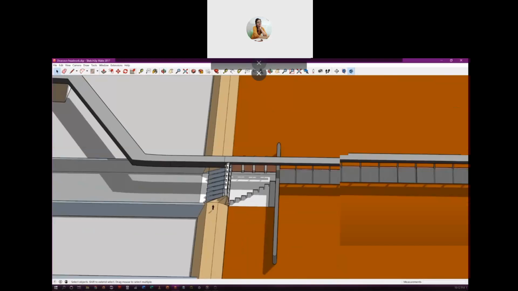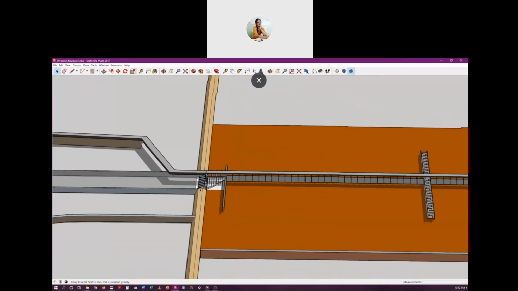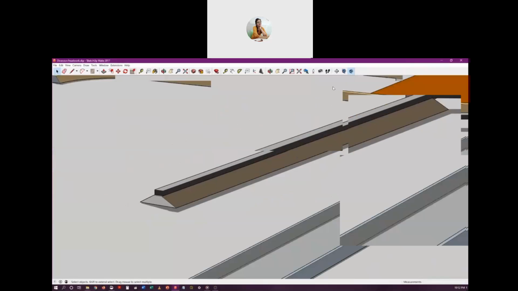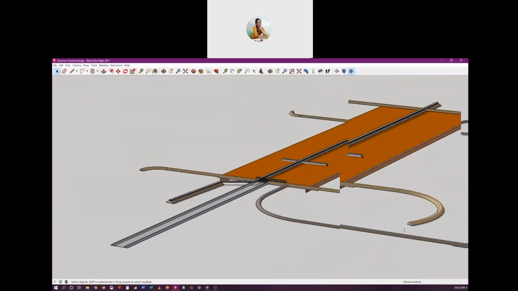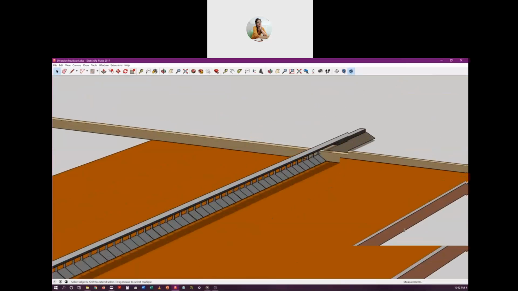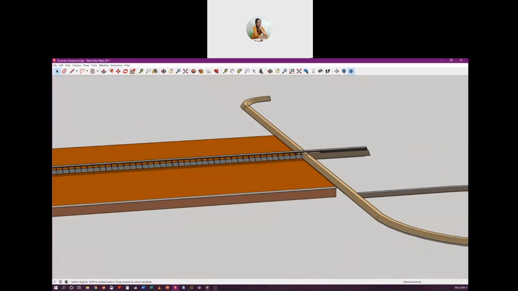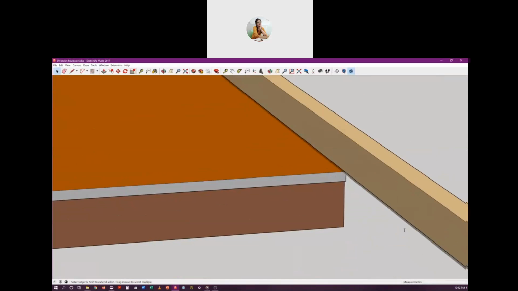So these are some of the facts that I wanted to add in continuation to the previous lecture. And one more thing that I forgot to mention is that you see these cut-off walls or the sheet piles.